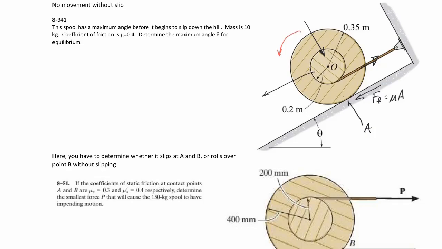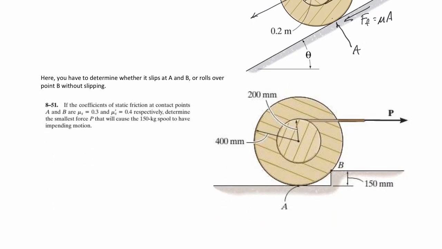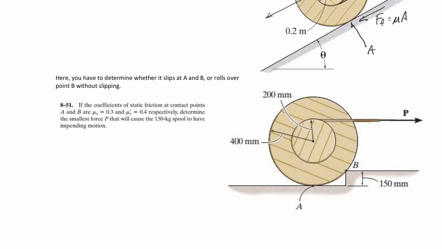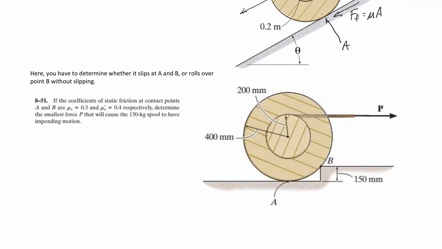All right, the next one is this one with a little step. We did a little bit of this in chapter 5, I believe, and so let's just do this one more time. And here you have to determine whether it slips. In other words, it could slip here at A and B, or let me move this back over here, or it could stick and just roll over.